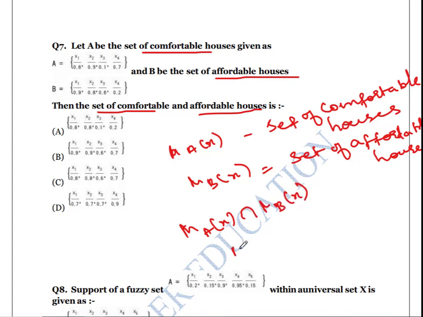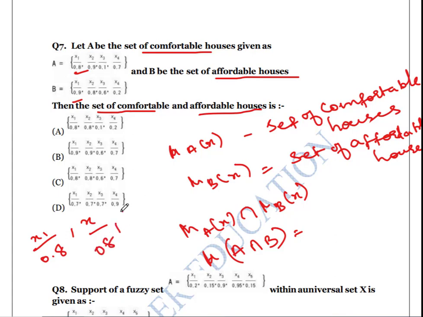So A and B. I want both: I want a comfortable house and also an affordable house. So for mu of A and B, you have to find the minimum value. For x1, you can see here it is 0.8, 0.9. So write x1 as it is and then find the minimum value, 0.8, and then x2 divided by 0.8.